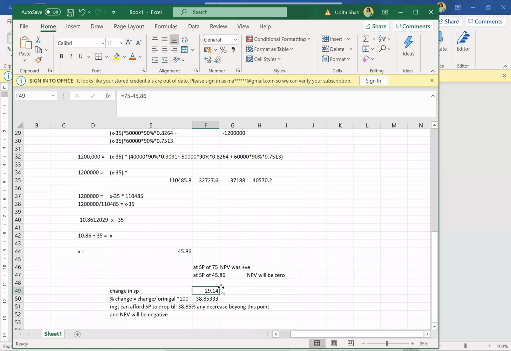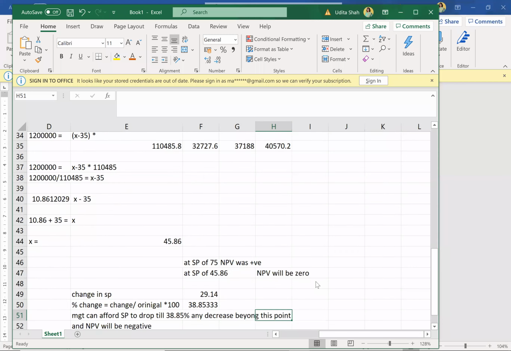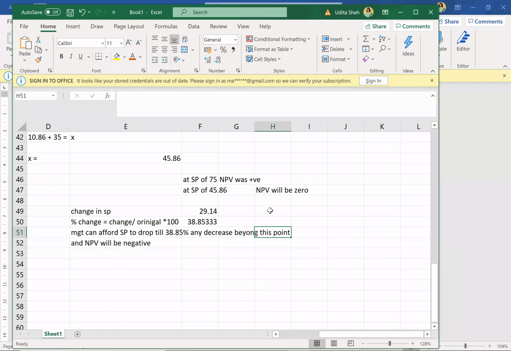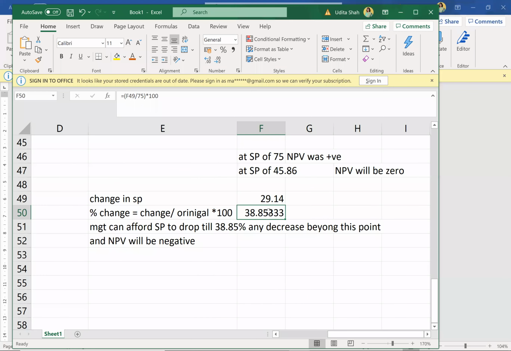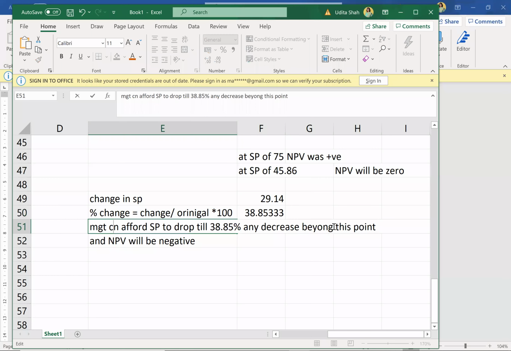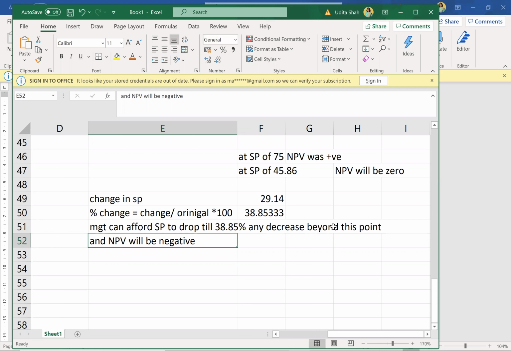So change was 29.14, original was 75 into 100. Okay. And that's the conclusion. So management can afford selling price to drop till 38.85%. Any decrease beyond this point and NPV will become negative.